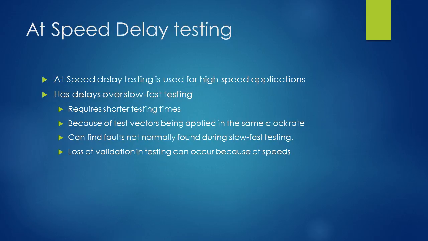Another upside is that it can find faults not normally found during slow-to-fast testing, but the downside is that loss of validation in testing can occur because of the speed of the test itself, which is also indicative of parallel and sequential testing.